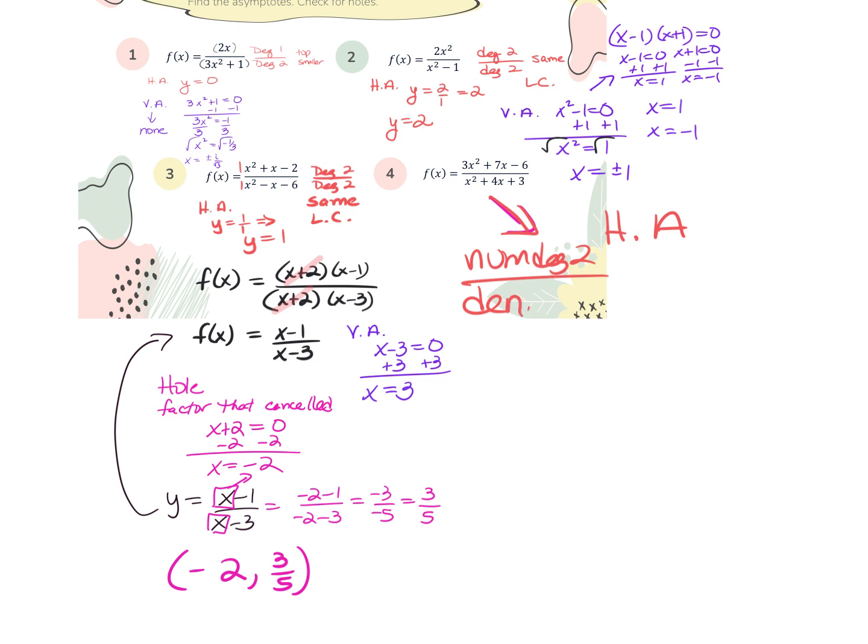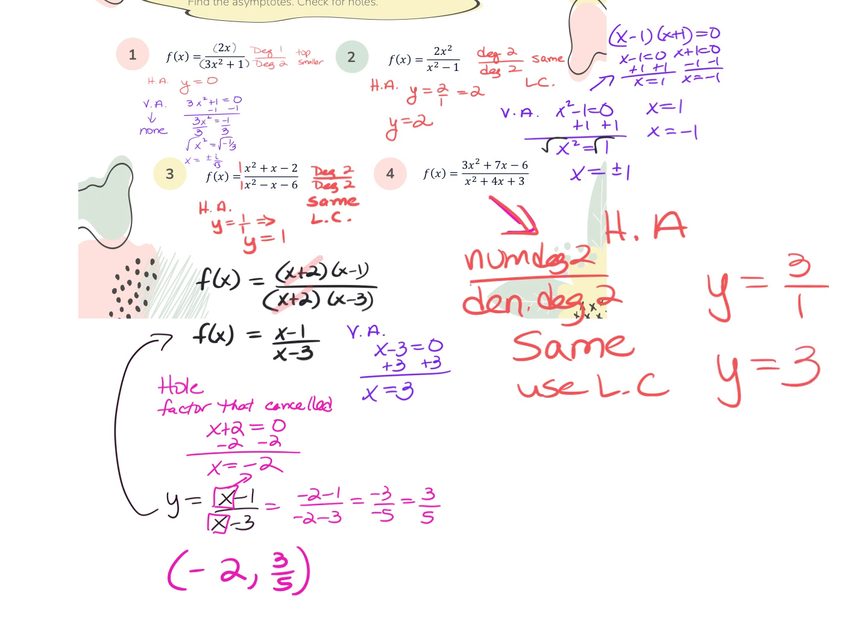The denominator degree is 2. They're the same. So when they have the same degree, remember we use the leading coefficient. So the leading coefficient of the numerator is 3. The leading coefficient of the denominator is 1. So my horizontal asymptote is y equals 3.